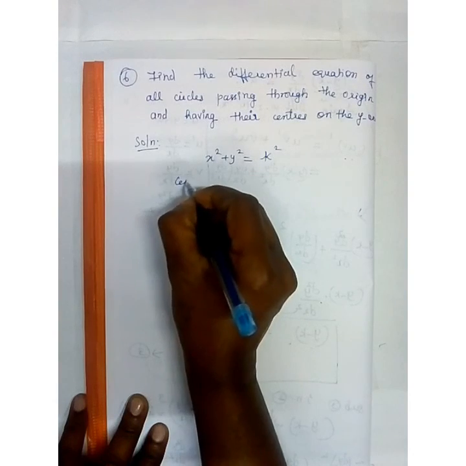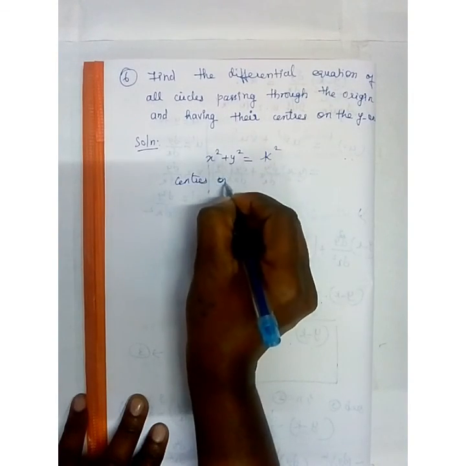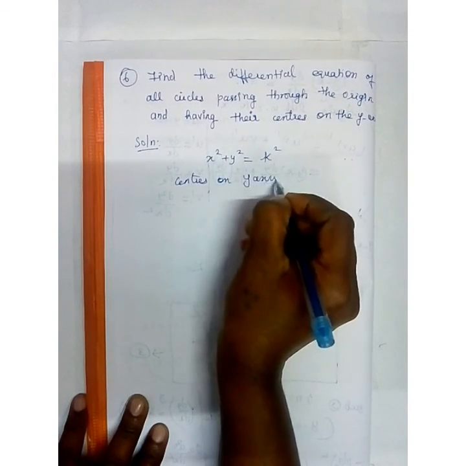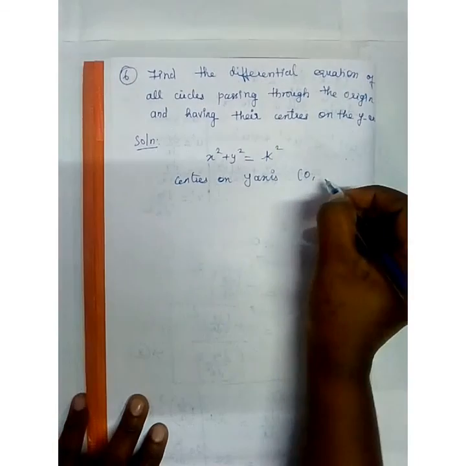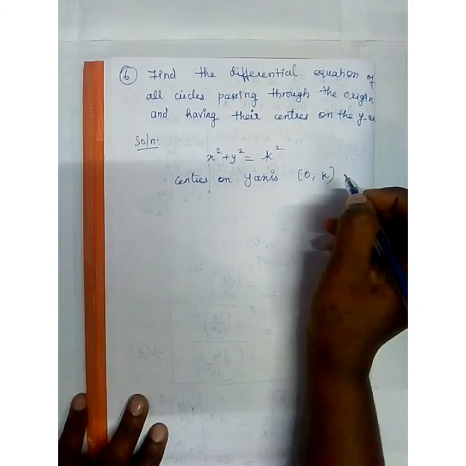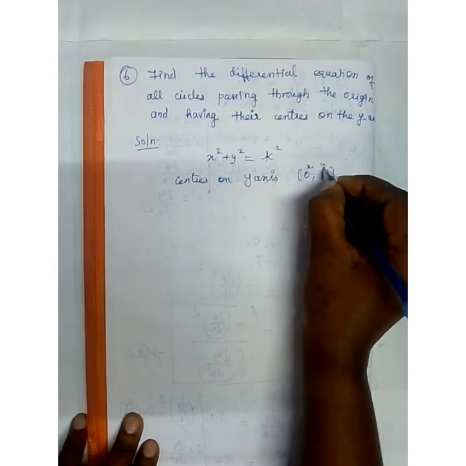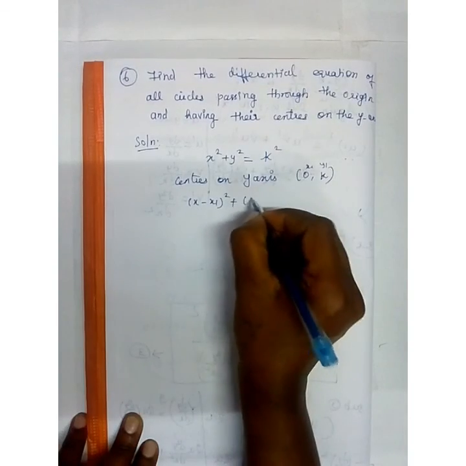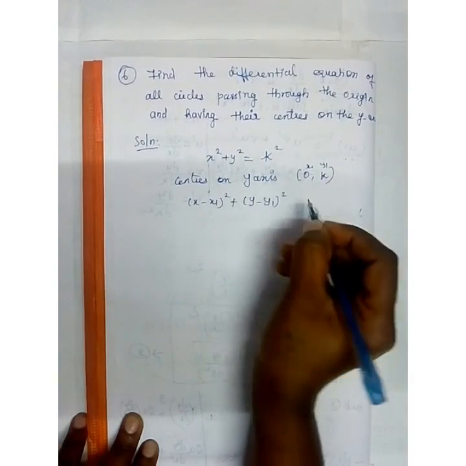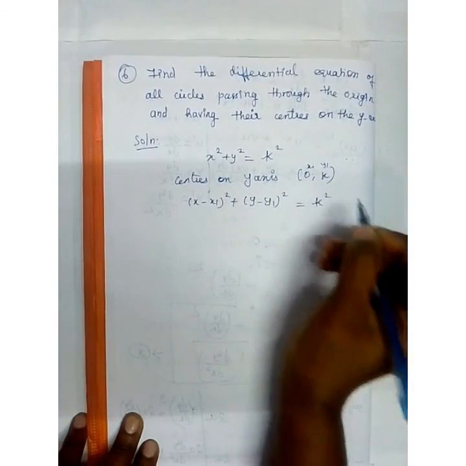Having their centers on the y-axis means what are the points? On the y-axis means 0, comma, you can keep one value, that is also a constant, 0, comma k, as x1, y1. So x minus x1 the whole square plus y minus y1 the whole square is equal to k square.